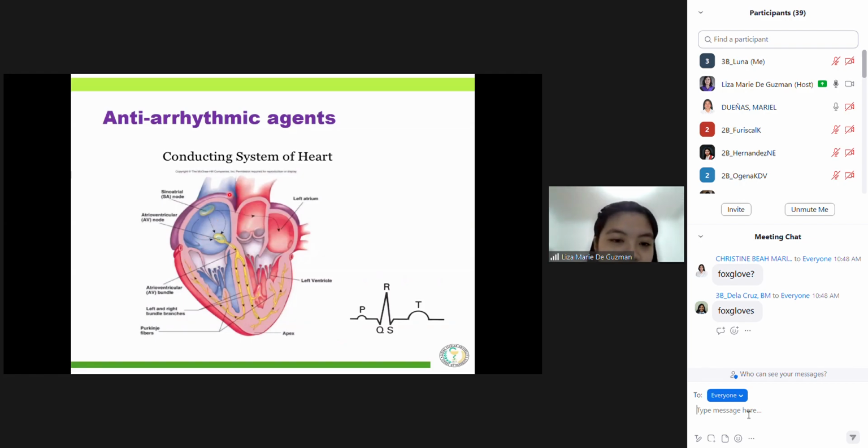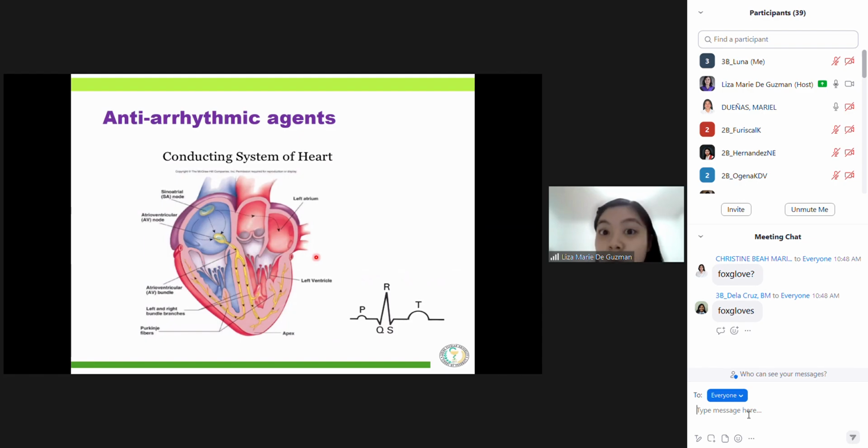So the electrical impulses originate from the SA node, then spread to the right and the left atrium, going to the AV node, to the AV bundle, to the right and left bundle branches, to the Purkinje fibers. So these electrical impulses originating from the SA node are responsible for cardiac contraction.